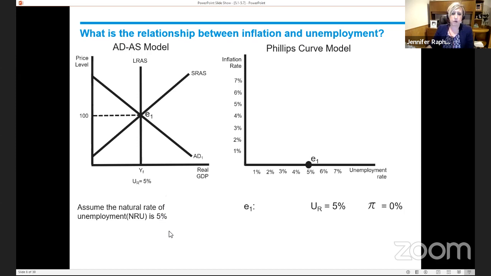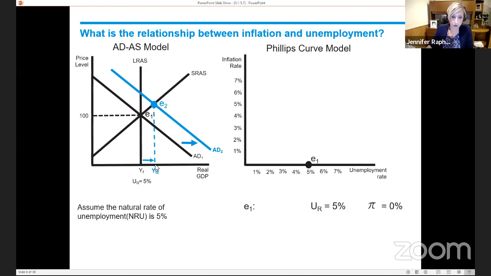All right, now let's assume that we have some shock to the system and it's a demand shock and we're going to see an increase in aggregate demand. So we show that by shifting the aggregate demand curve to the right, which produces a new short run equilibrium E2. And we know that Y2 is an increase in output that corresponds with a decrease in the unemployment rate, right?